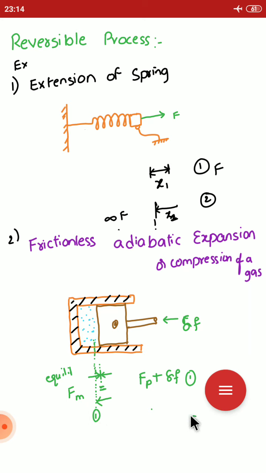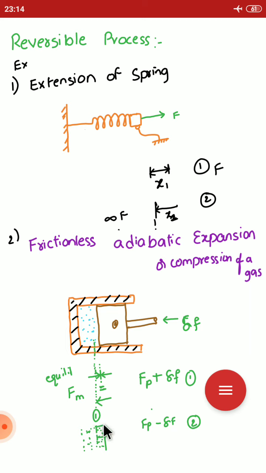In the second case, if we release the same amount of force on the piston, the piston will regain its original position. So the molecules in the gas also come to their initial position.